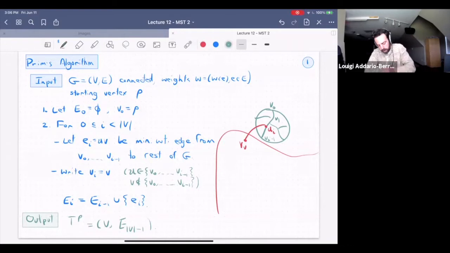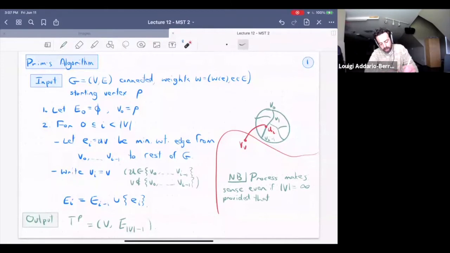Okay, but I'd like to note that this procedure immediately makes sense, even if the graph we start with is infinite, under some sort of mild conditions. So this process makes sense even if the vertex set is infinite, as long as we can make sense of our choice of the smallest edge leaving a set at any step.